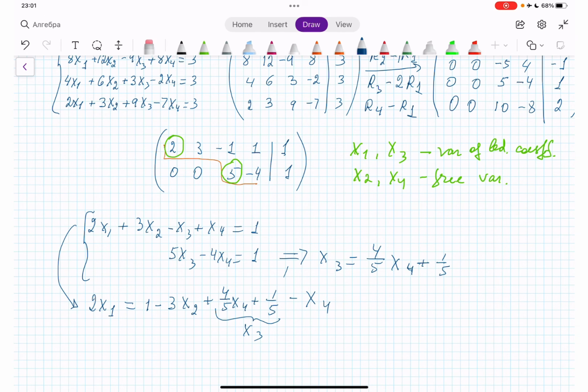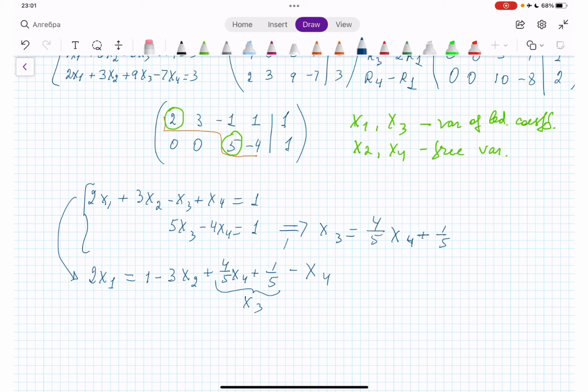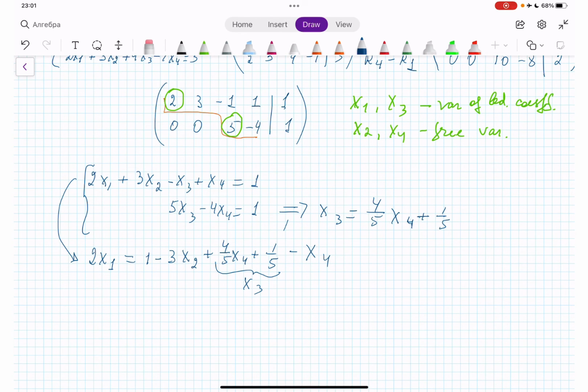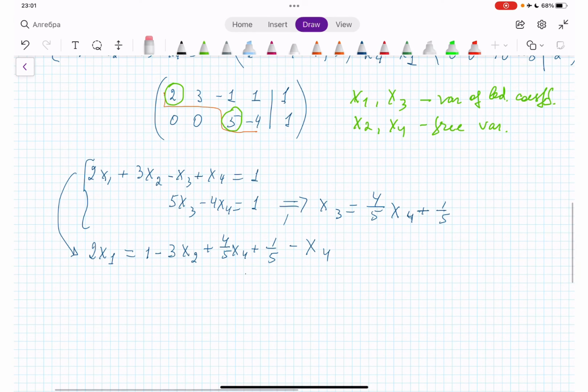Okay, so now we have it expressed with x2 and x4. Let me clean this. And from here, I'm going to get x1. Let me go step by step.